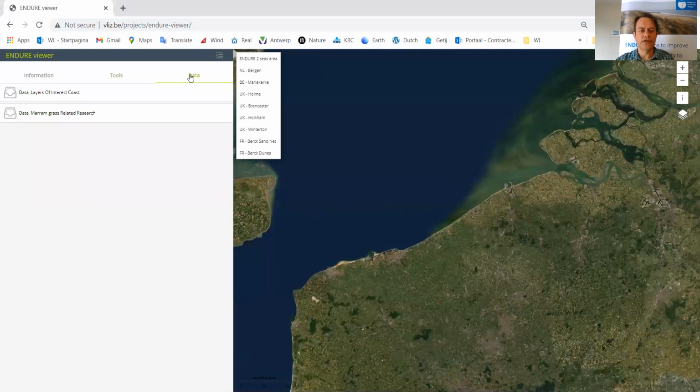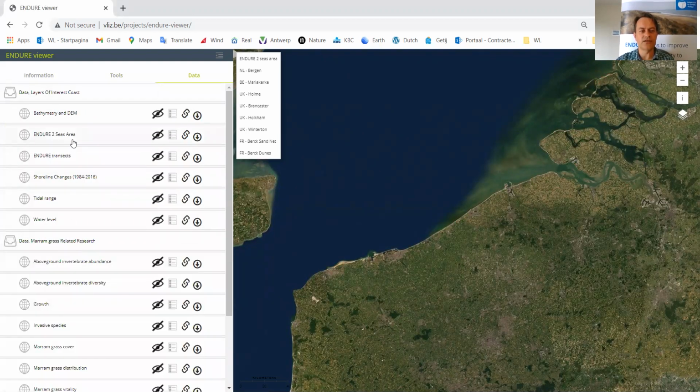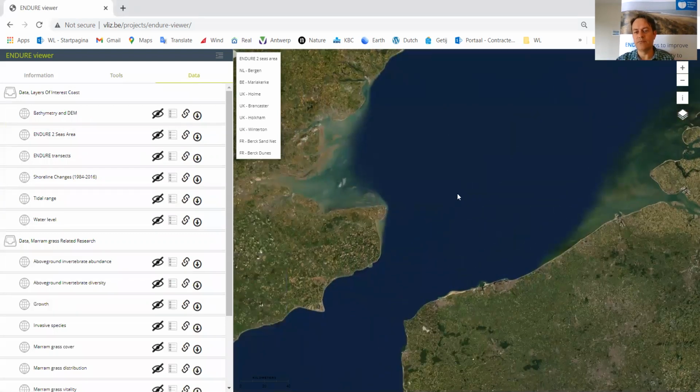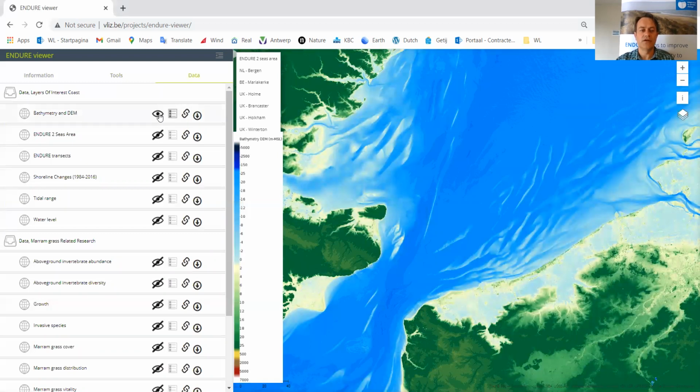Now, if we move to the data tab, we see 2 types of data. First of all, layers of interest for the coasts. So these are regarding mostly the morphology and the meteo-marine parameters. For instance, the bathymetry, the study zone. By just clicking this eye, you can display or not a certain layer.